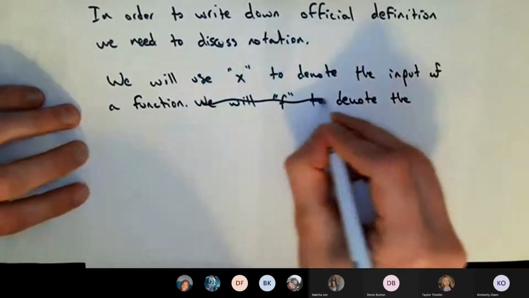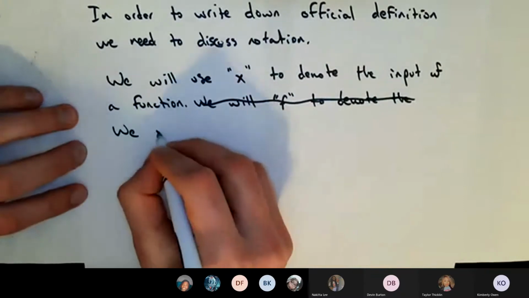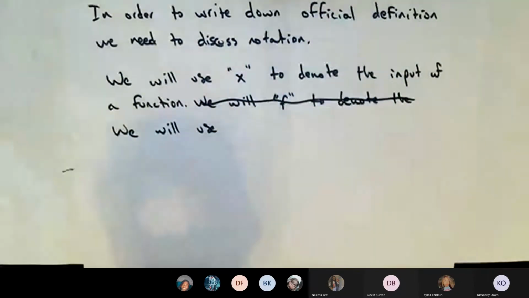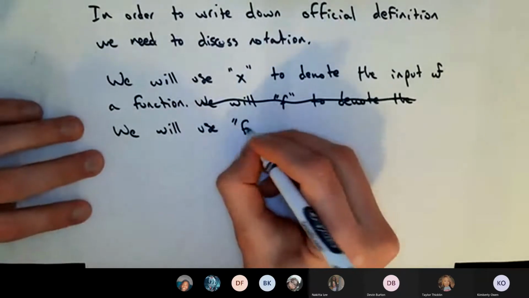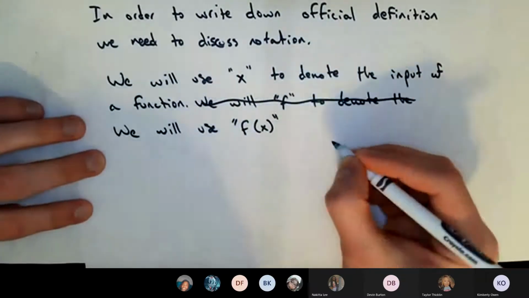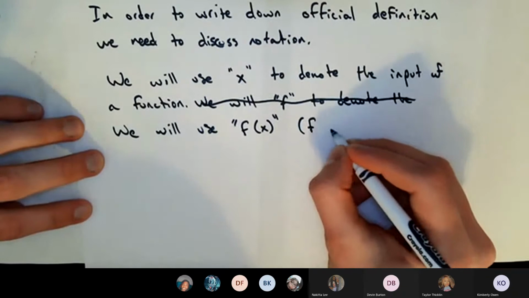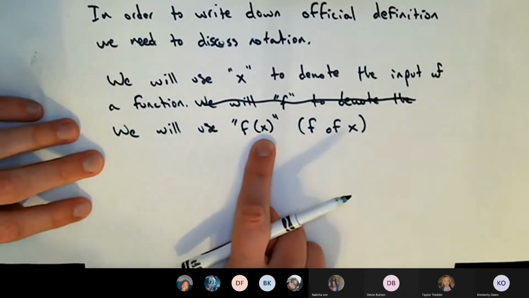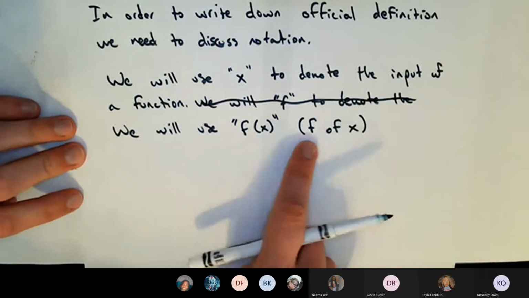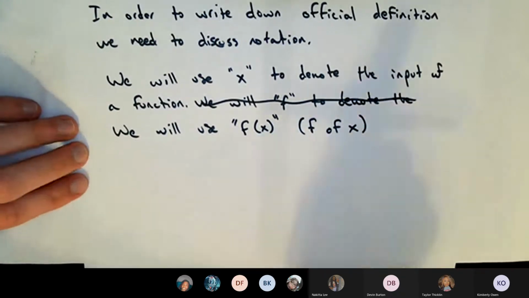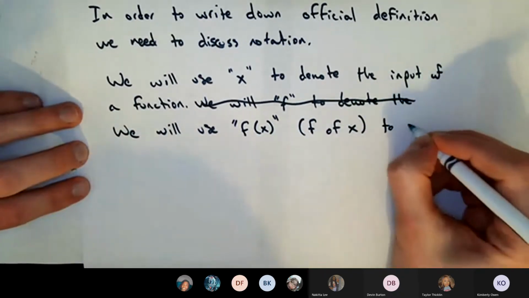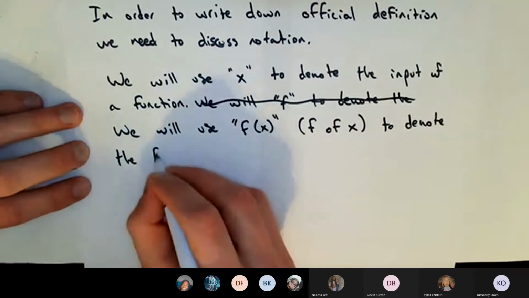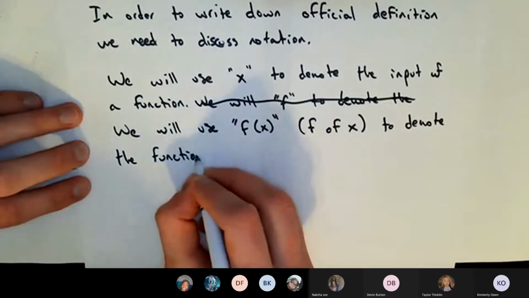Oh, I completely messed this sentence up. Let me say it like this. We will use f of x, f with parentheses right next to it with x inside, to denote the function itself.